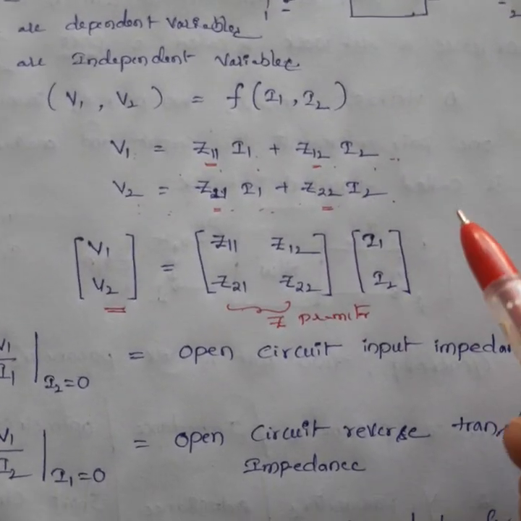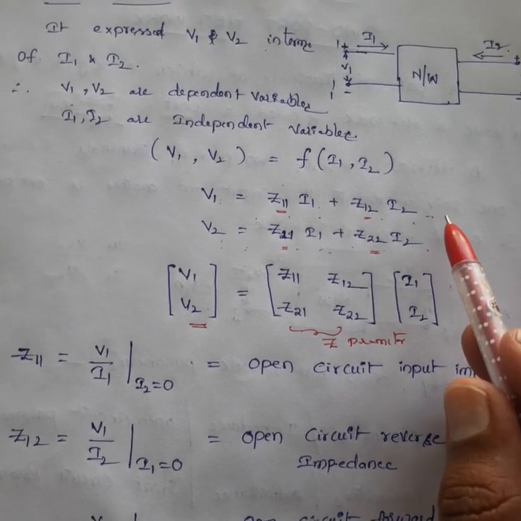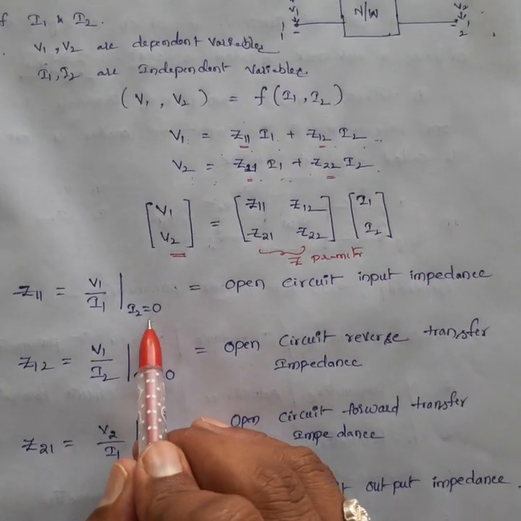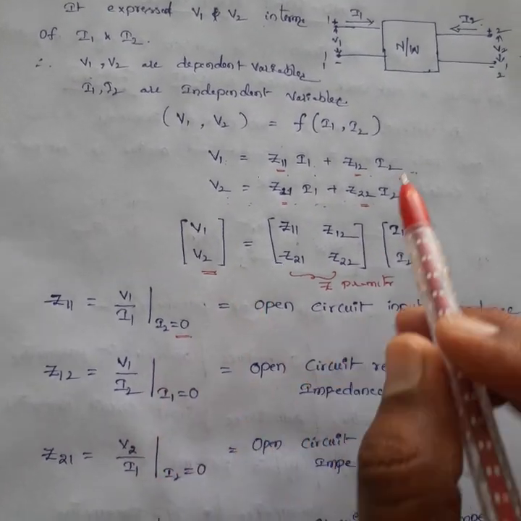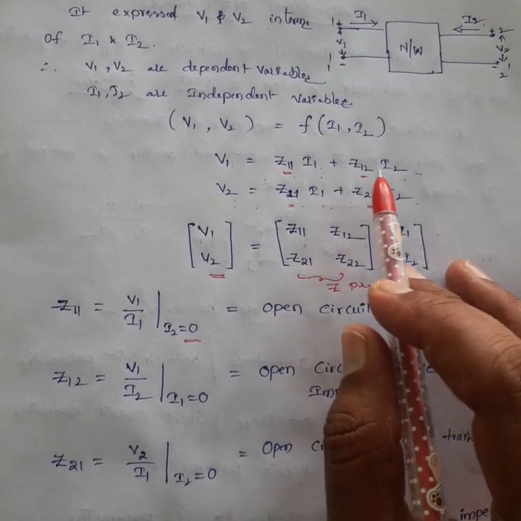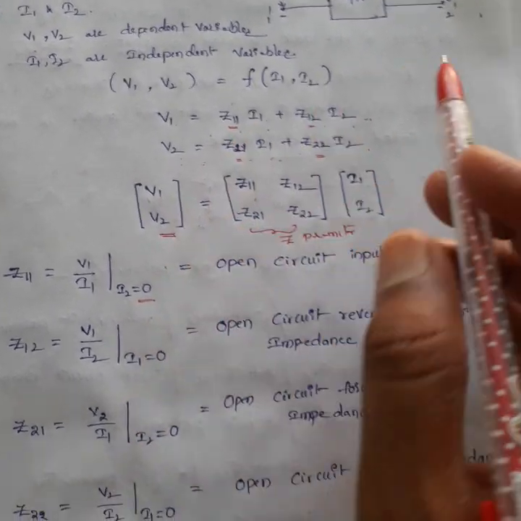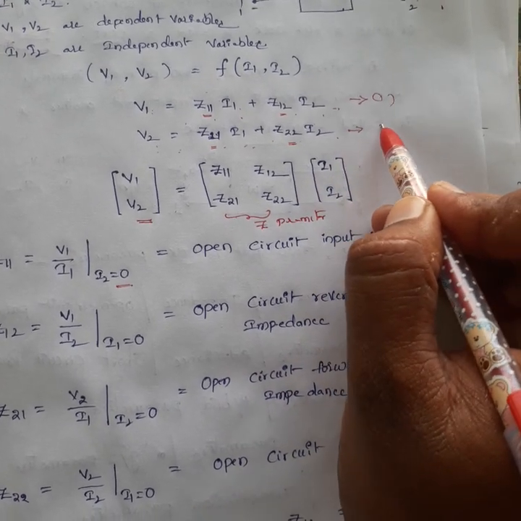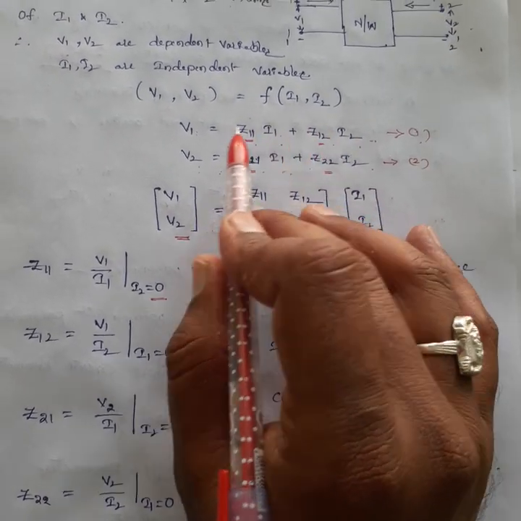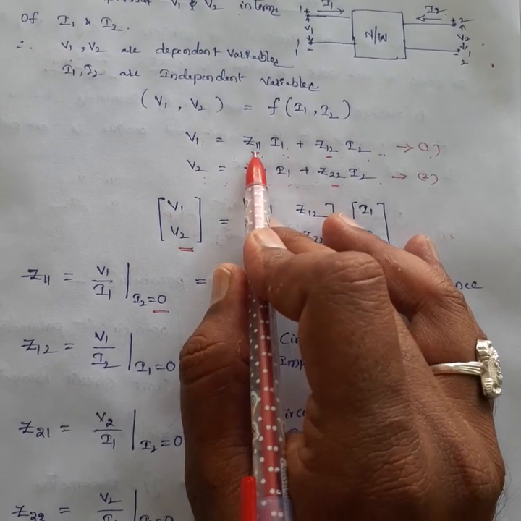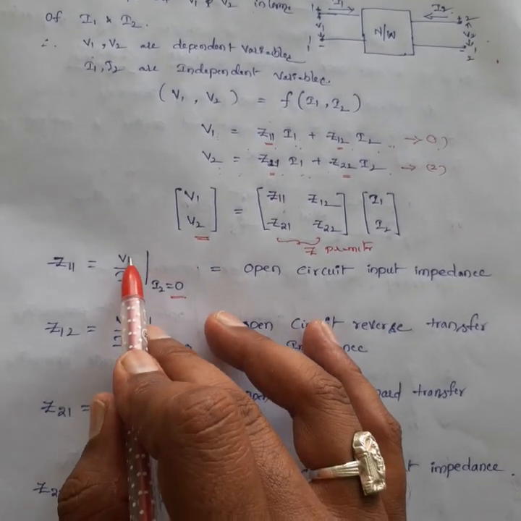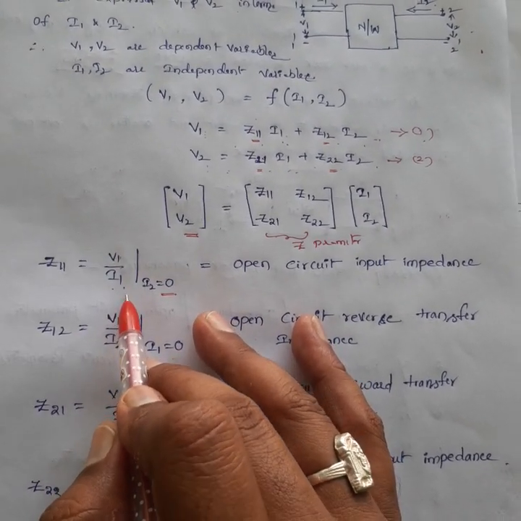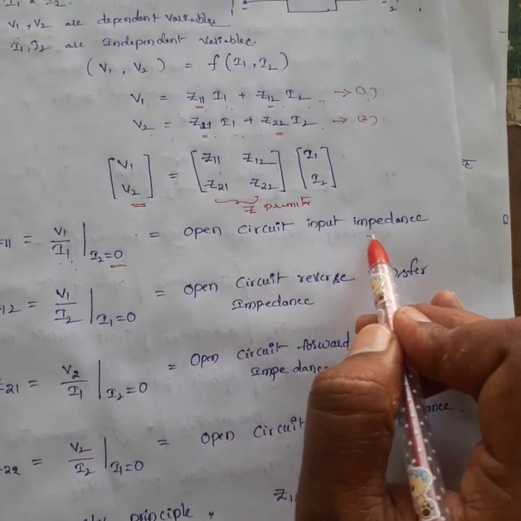Initially I am taking that if I2 equals 0, from equation 1 I am getting V1 by I1 equals Z11. The V by I ratio is nothing but impedance, so I am writing it as impedance.